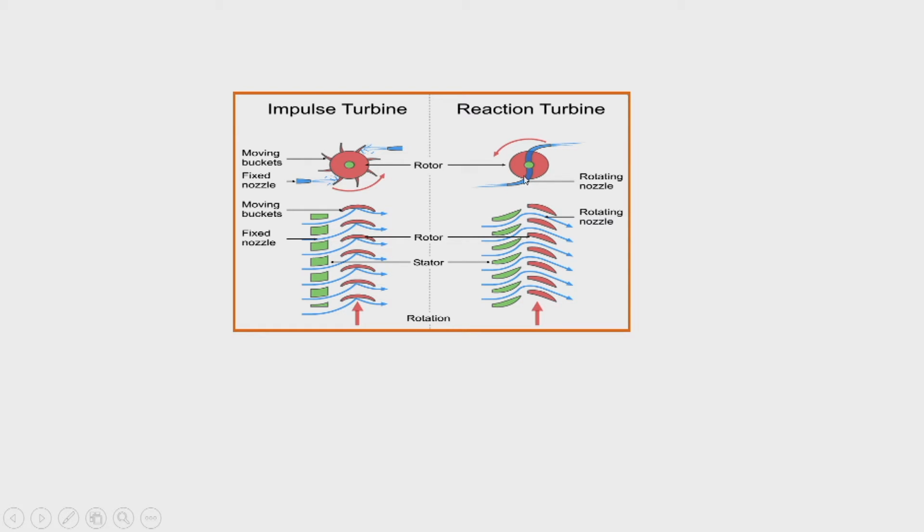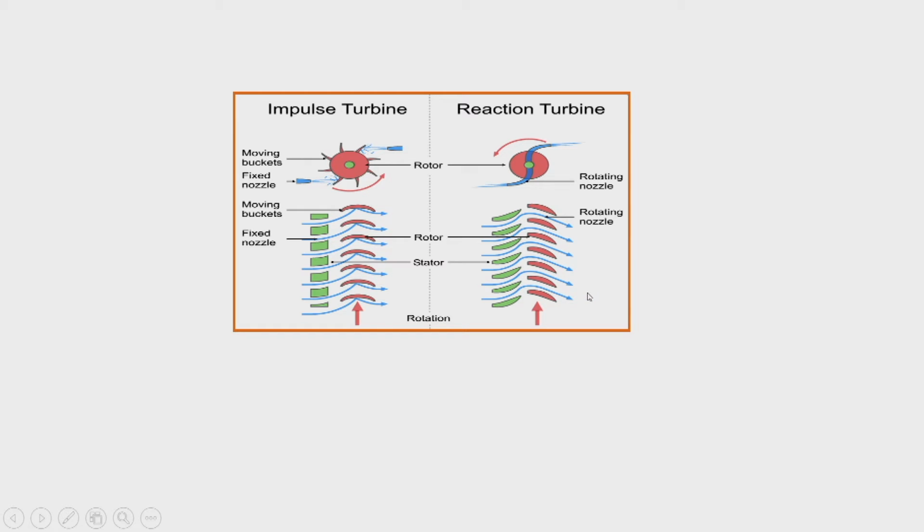Similarly, in case of a reaction turbine, we have green as the nozzle and red as the turbine blades, and the dynamics is the same as a sprinkler, where the jet comes out in one direction and as a reaction the rotor rotates in the opposite direction. So the nozzle would pass the low pressure, high velocity flow toward the turbine blade, but here the movement of the flow is smooth in the turbine blades, unlike in case of impulse turbine where we see an abrupt change in the streamline pattern.